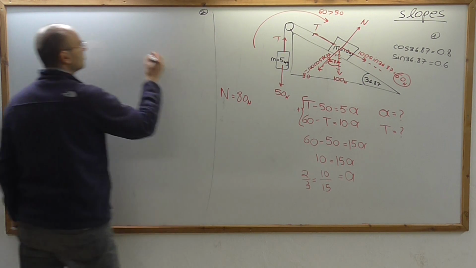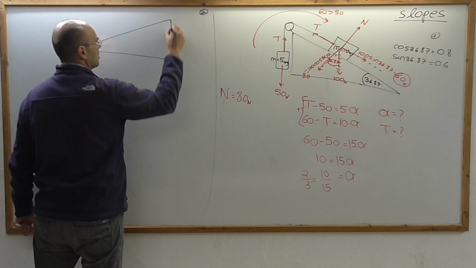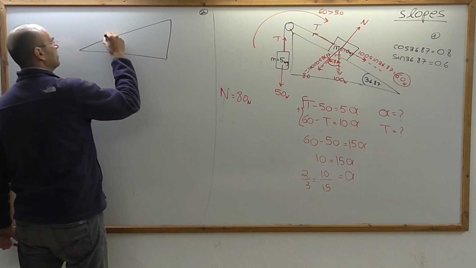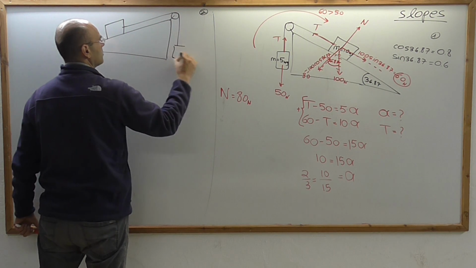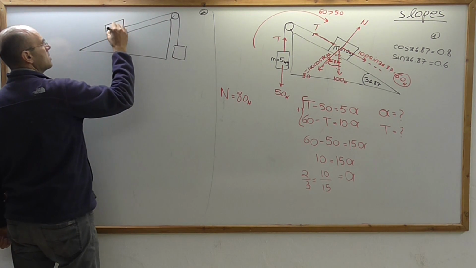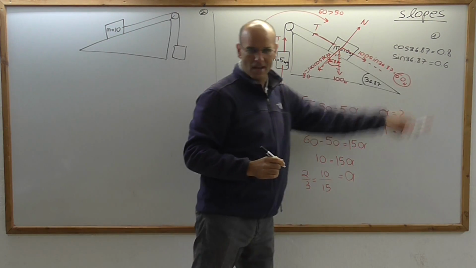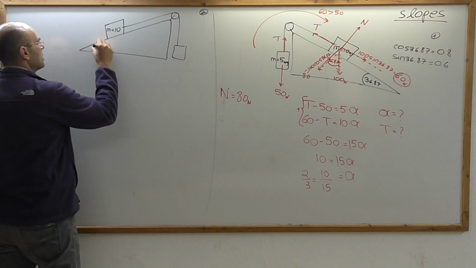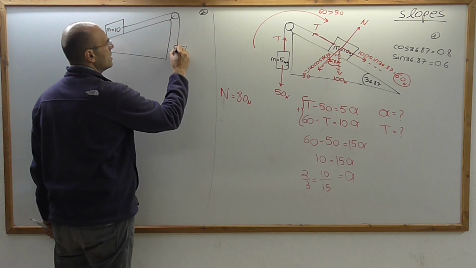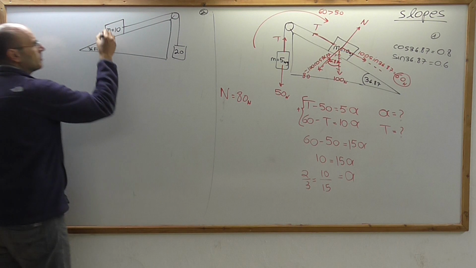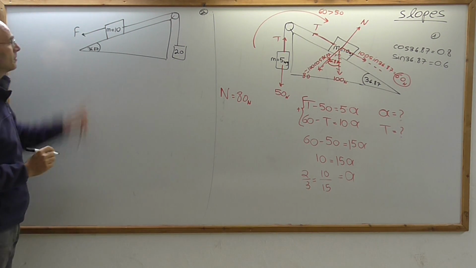Second example. Okay, this mass is, I'll use 10 because it will be easier for me to deal with these angles. This will be 36.87 again. This will be 20, but I also have external force F here.